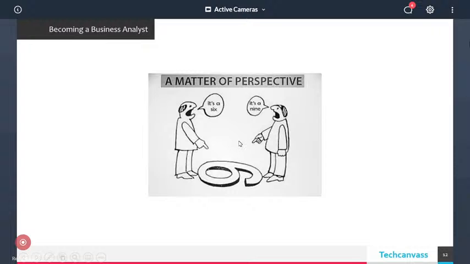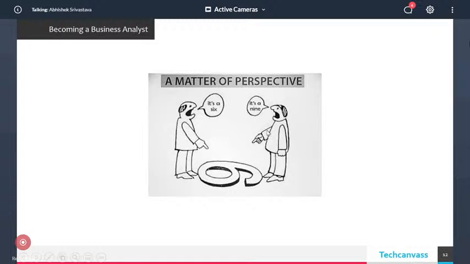First of all, let's look at this. This is my favorite diagram, so I always use this. This is an image where the person on the left is looking at a number on the ground. The person on the left sees it as 6. The person on the right sees it as 9. Who is right and who is wrong? None of them is wrong, right?